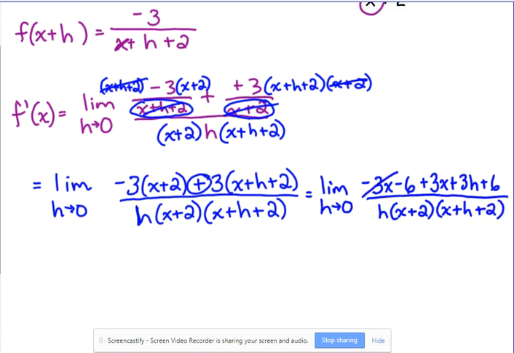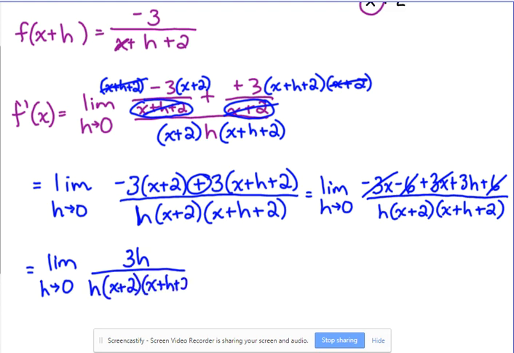So let's see what cancels. -3x, +3x. -6, +6. So let's see what we've got left here. The limit as h approaches 0, because I haven't plugged in 0 yet, so I've got to keep my limit notation. We've got 3h left in the numerator. We've got h times x plus 2 times x plus h plus 2. Now we can cancel the h's. Guess what? The problem is gone. We're no longer going to get 0 over 0 when we plug in 0 for h.